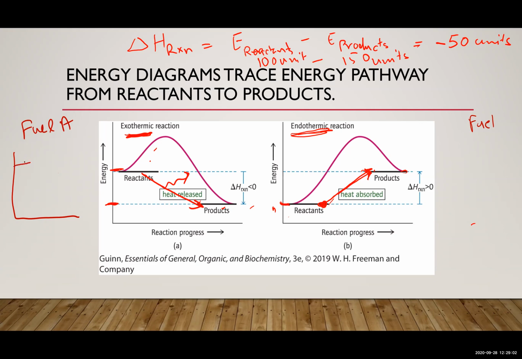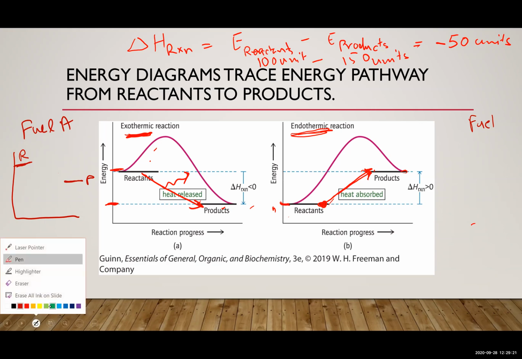It has to be exo. That's the meaning of fuel, because it gives the energy out. So for fuel A, the reactant side is here, and the product will be less than the reactant. So let's say this is the P.